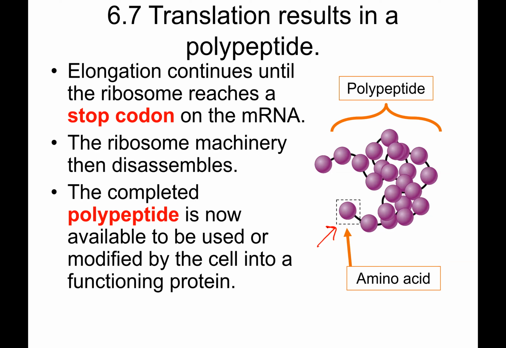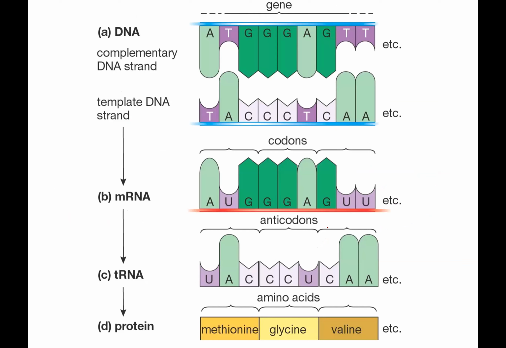Okay, so in summary, if we look at DNA, our original DNA strand right here, here's our complementary base pair strand for DNA, because remember, DNA is double-stranded. mRNA is going to be the complementary base pair, also using uracil instead of thymine.